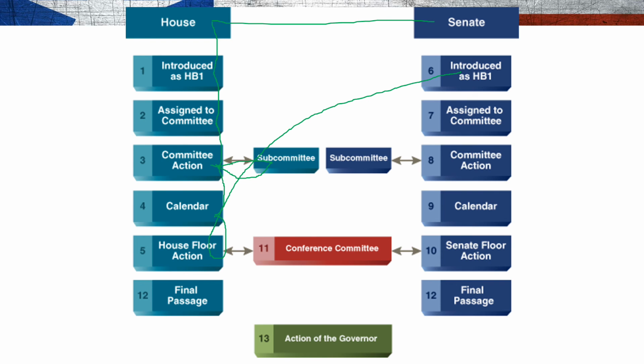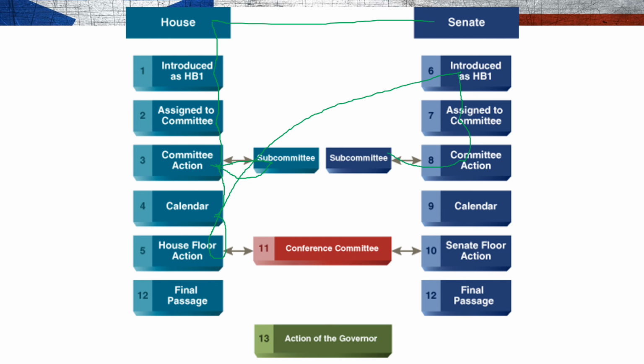And so it's introduced in the Senate. At this time, it would be assigned to a Senate committee, and it would take action. So the committee may rewrite it.